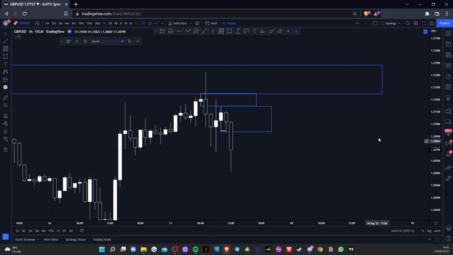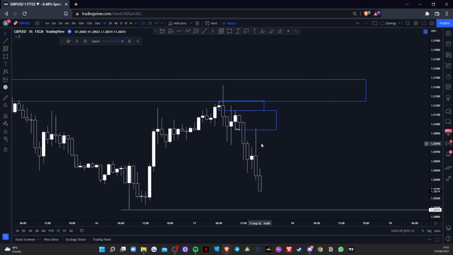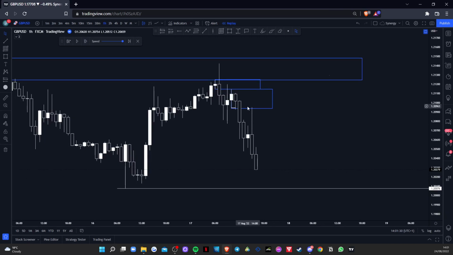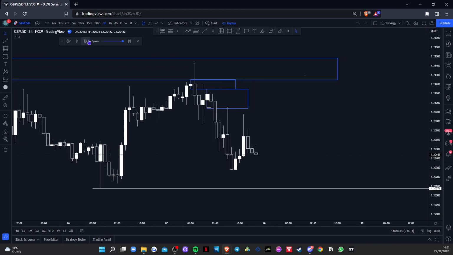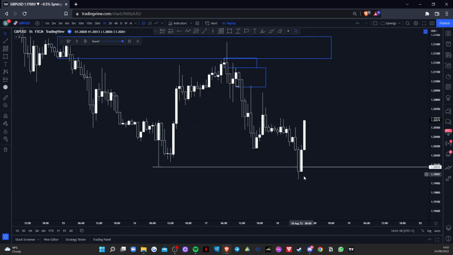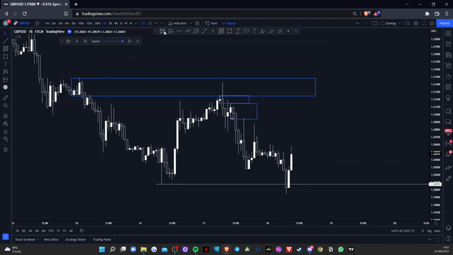So this is just our standard institutional order flow. See what happens. Price then moves up back into that order block and it starts gunning towards the lows here. Cool, overall target here.